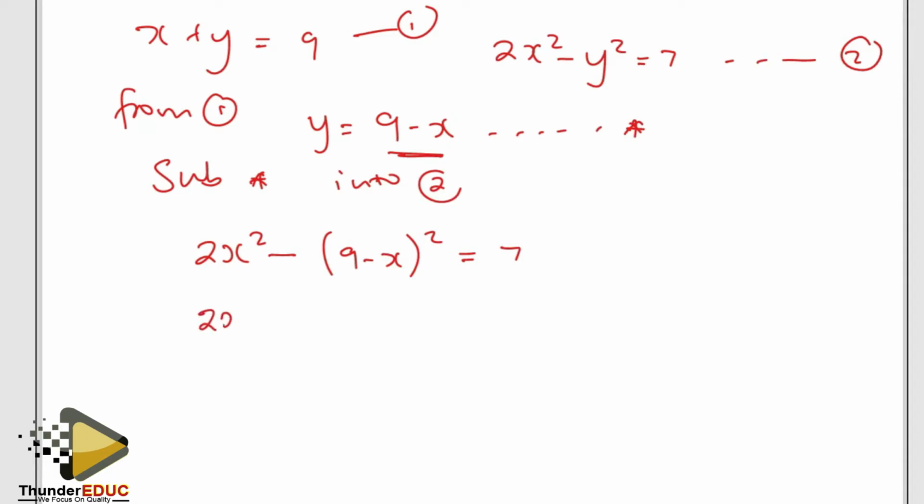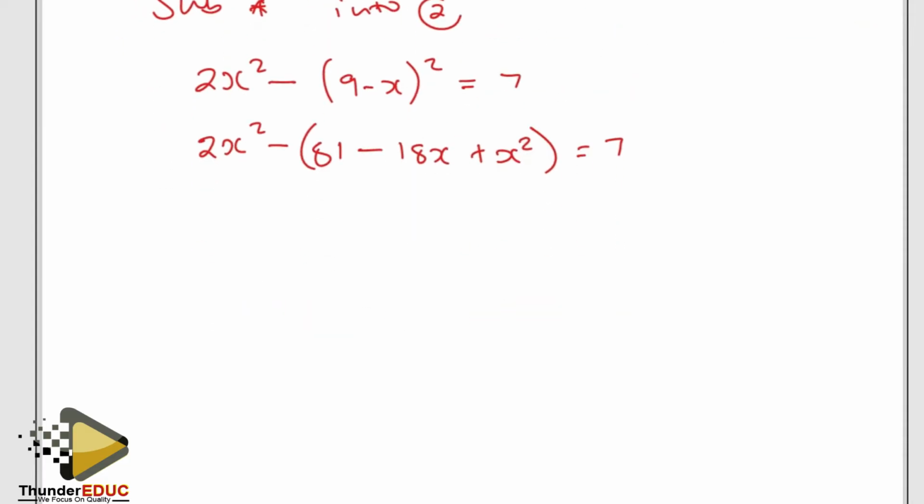When I open this up, 2x squared, remember this is a square bracket. So that's going to be 81 minus 18x plus x squared should give us a 7. Okay. Open with a negative sign, it's going to be 2x squared minus 81, that's going to give me 18x, that's minus x squared is equal to 7.